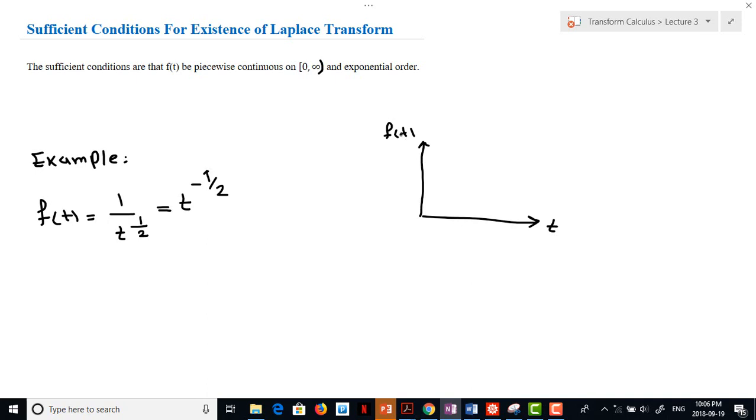The function is like this. When t approaches 0, it goes to infinity. When t approaches infinity, it goes to 0. So this function, t to the power of minus half, is not piecewise continuous. Why?